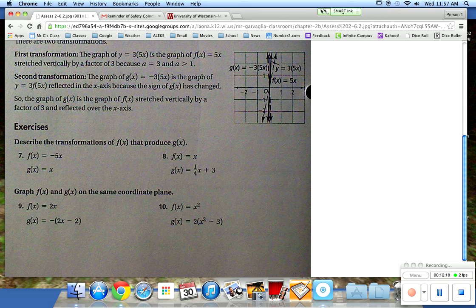I've got x and x, but I take my f of x and I'm multiplying it by -5. What does it do to my graph? That's what they want to know. And here, when I divide it by 4 and add 3 to it, what's changing between f of x and g of x? So graph it, take a look at it, and describe it.